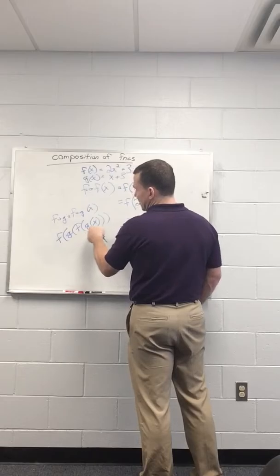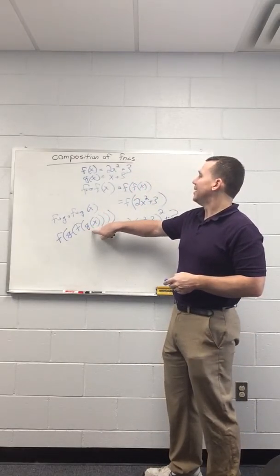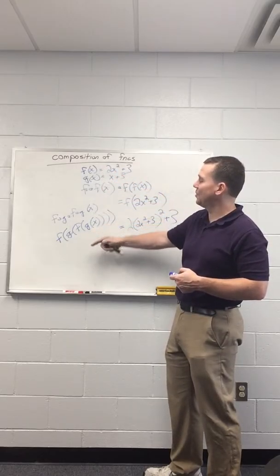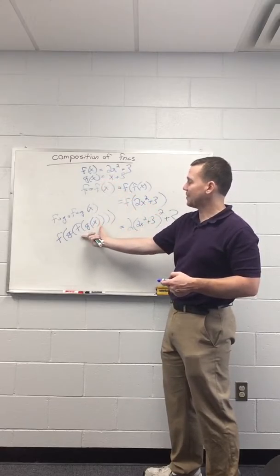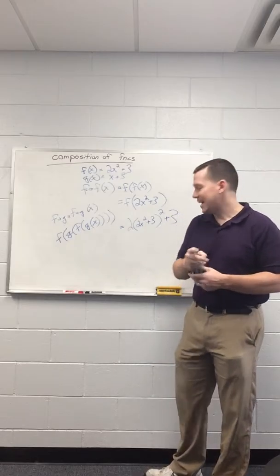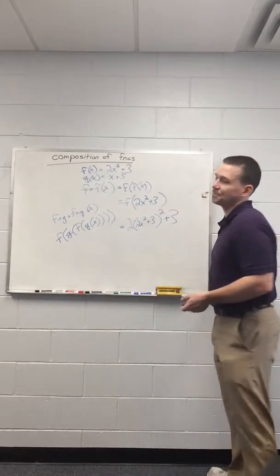Put all my parentheses, 1, 2, 3, 4, 1, 2, 3, 4. And then I would start on the inside. For fun, pause the video. Use this f and this g and see if you can do this. You'd replace g of x with g of x, apply f to it, apply g to that, apply f to that. And again, you just keep on going over and over again.